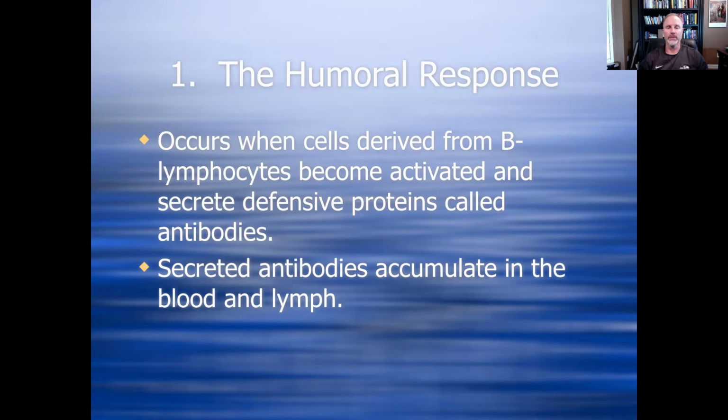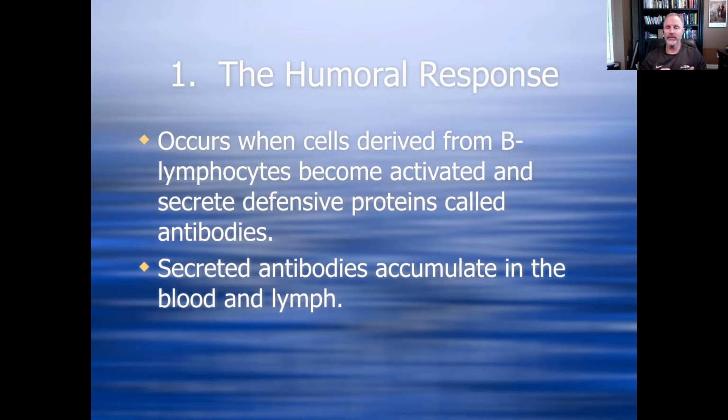So with the humoral response, one of the important things to keep in mind is that it doesn't matter if we're talking about a T cell or a B cell. Both of these types of cells are derived from the bone marrow, this is where they're going to grow. The B cells themselves are going to mature in the bone marrow, and the T cells are going to mature in the thymus. And they're both circulating around the body.